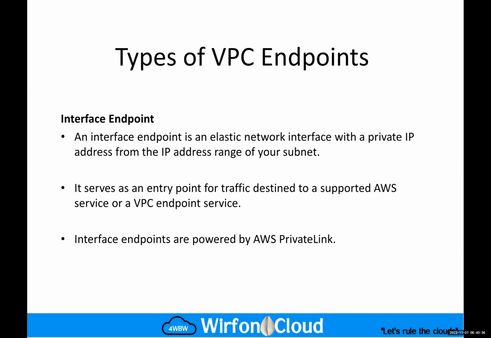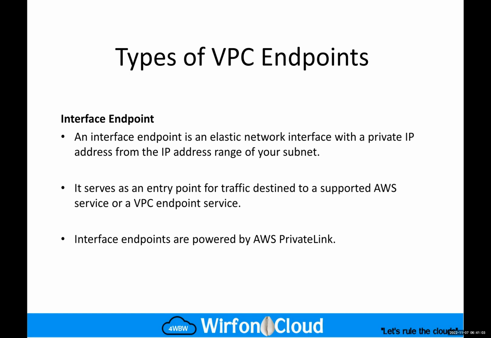So there are several types of VPC endpoints also. We have what is called an interface endpoint. In this case, it's an ENI, or Elastic Network Interface, and it comes with a private IP address, of course, which is one of the IP addresses supported by your subnet.